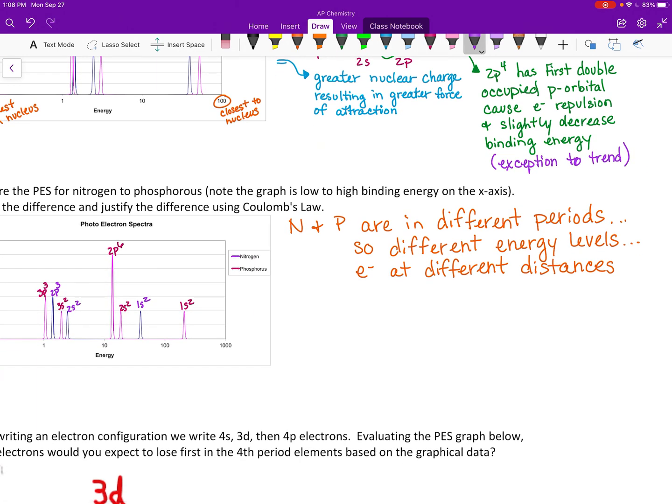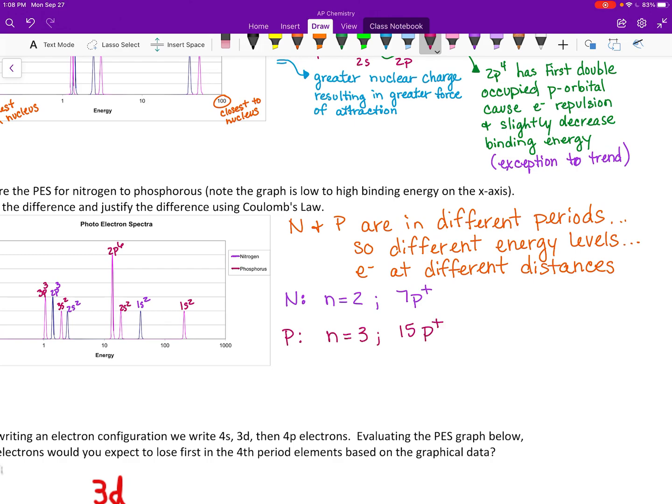So let's describe that over here a little bit. Okay, so nitrogen is in the n=2 energy level. Okay, it also has 7 protons still. That didn't change. Whereas phosphorus, n=3.